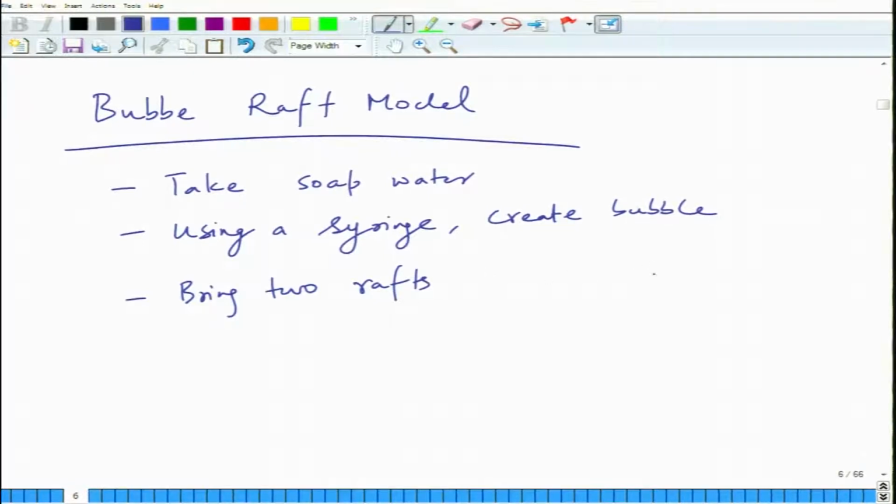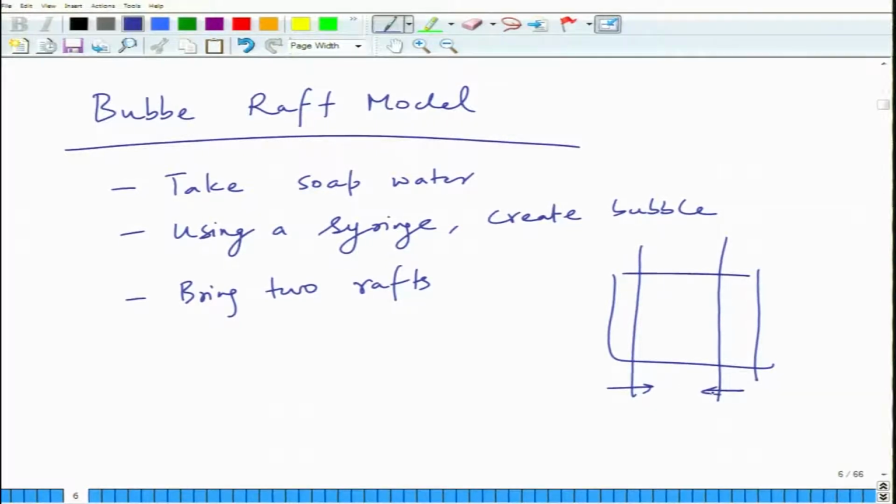So, rafts are located like this. This is your liquid, these are your rafts. Bring the rafts closer to each other, so that all the bubbles are within a region.